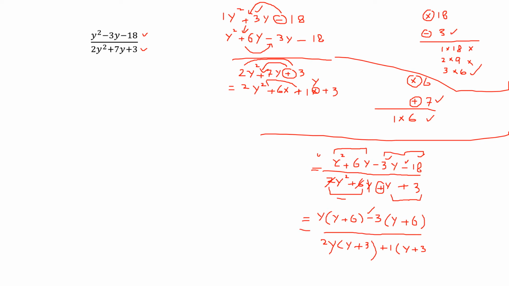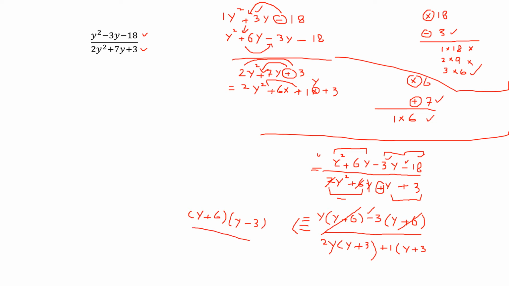I will do my question now in this part. So now look at the numerator in the upper portion, y plus 6, y plus 6 common, so it means y plus 6 is our factor, and after cancelling y plus 6, in the first place we will be left with y, and in the other place y minus 3.